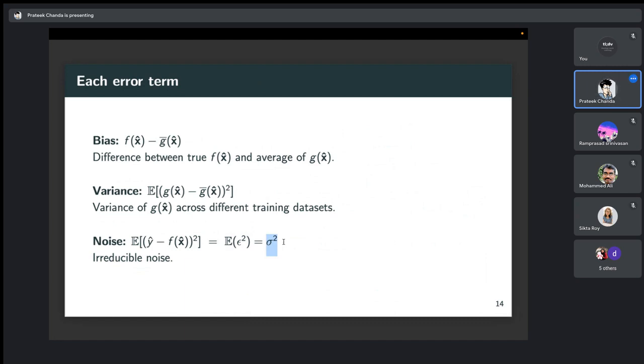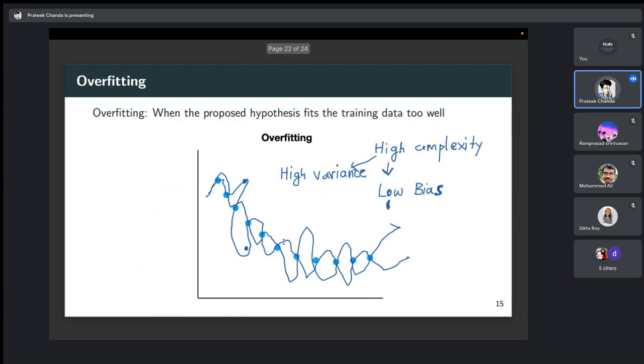So I think that's where we would be ending bias variance trade-off. Only the last slide would be the case of overfitting, where the proposed hypothesis fits the training data too well. You train your model on the training data and you get a high training accuracy, but in the case of new test data, it doesn't do well.